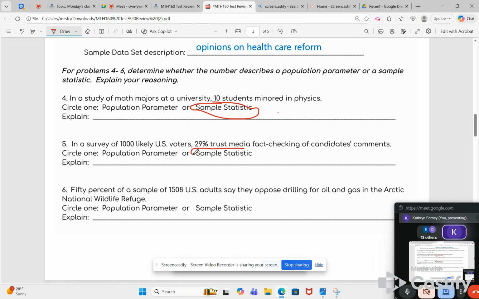Sample. 50% of a sample opposed drilling for oil and gas in the Arctic National Wildlife Refuge. I'm just making stuff up. So that would be a sample statistic. It is a portion.